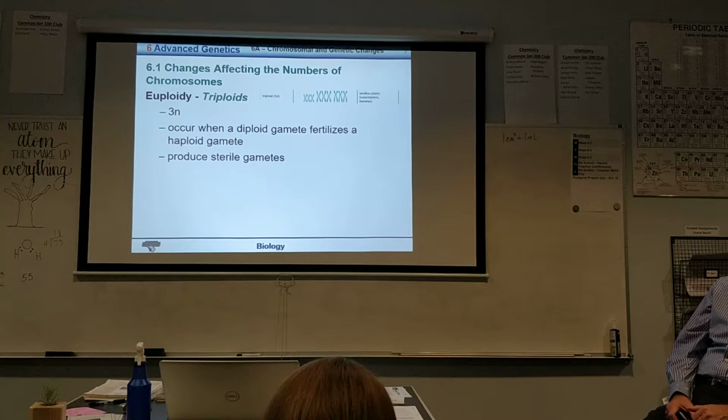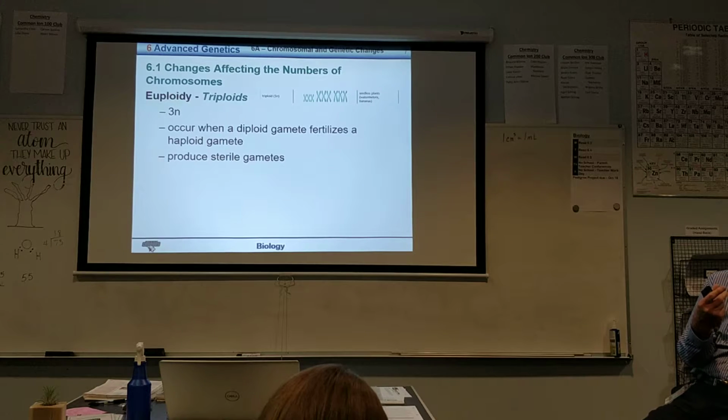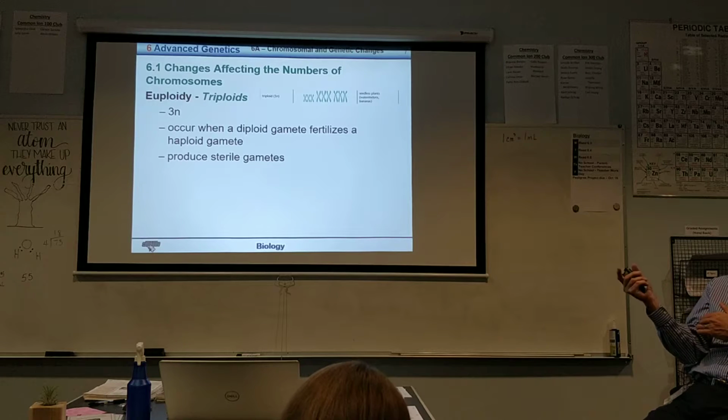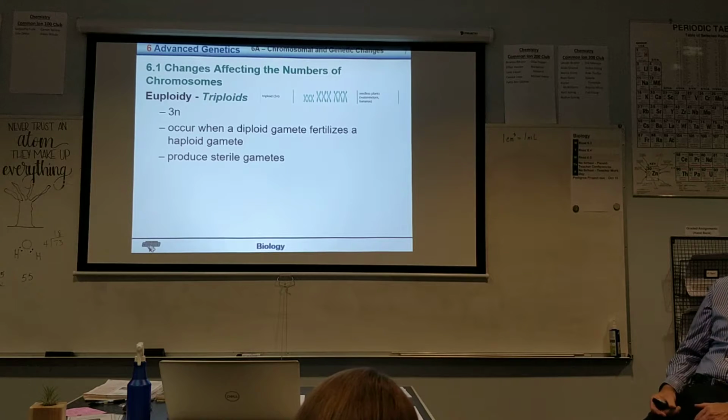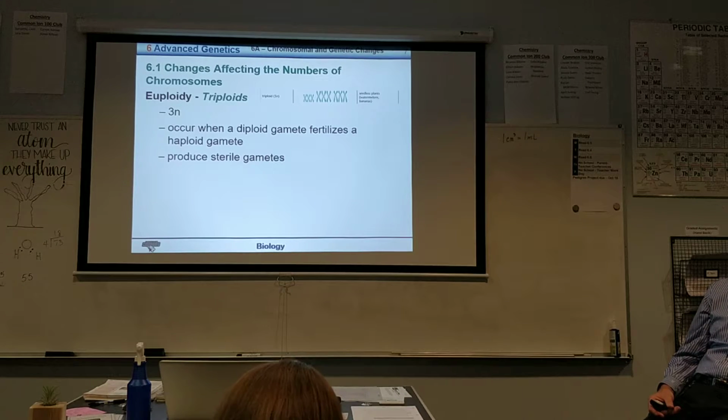It does produce sterile gametes. In other words, when this organism is mature, it won't produce gametes that will help fertilize eggs. It has problems. And so seedless watermelons, if you think about it, if it doesn't produce any seeds, there's no way to reproduce itself.